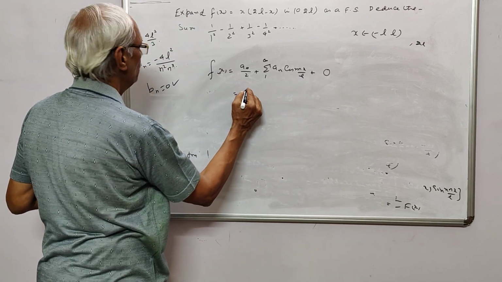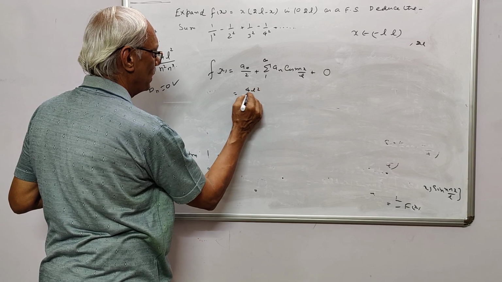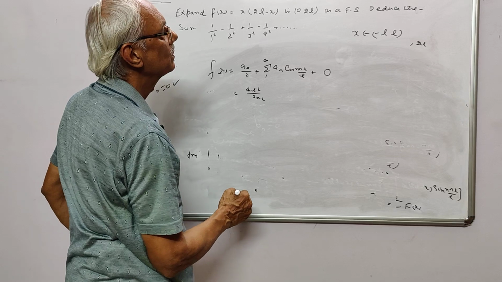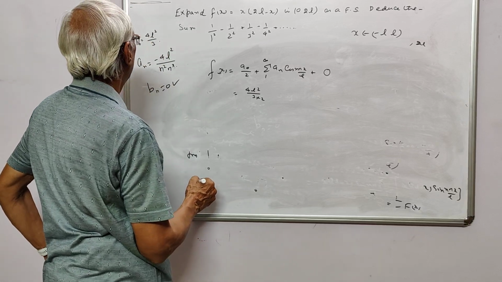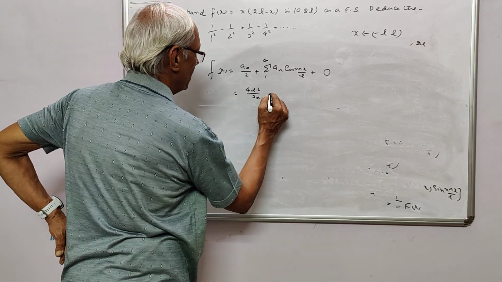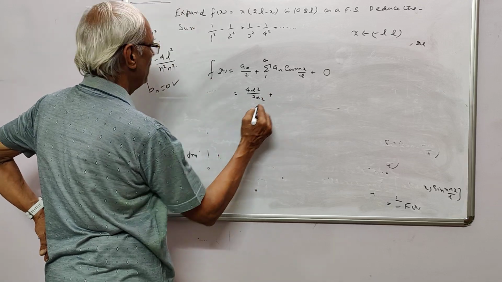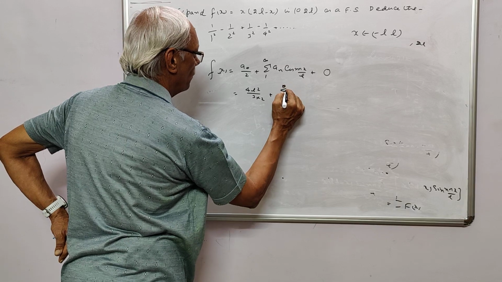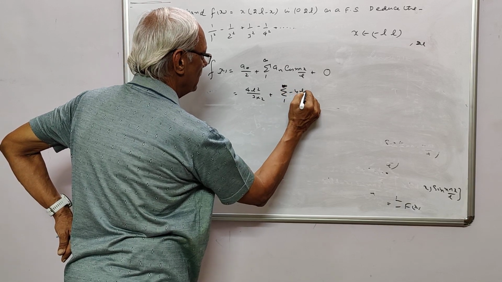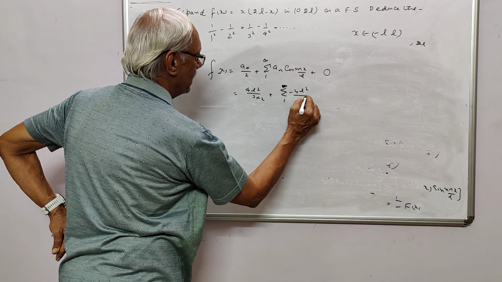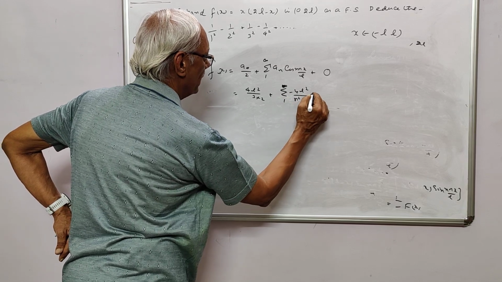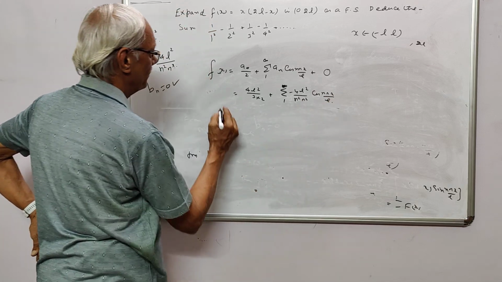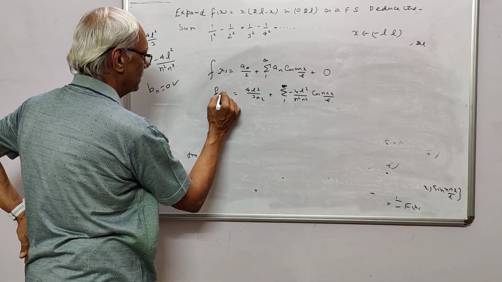That is, a naught by 2 is 4l squared by 3 into 2, then plus, what is your an? It is sigma 1 to infinity of minus 4l squared by n squared pi squared into cos n pi x by l. That is your f of x.